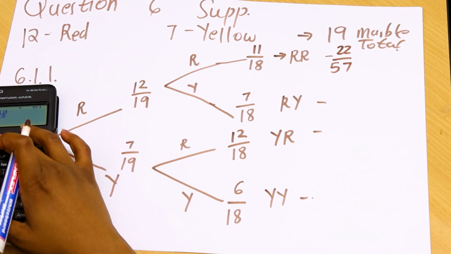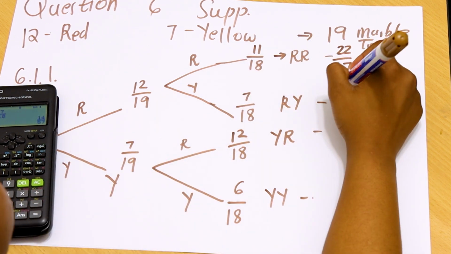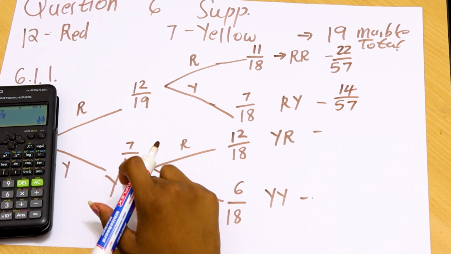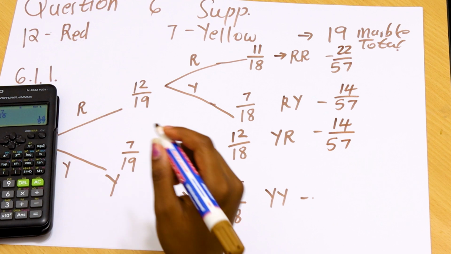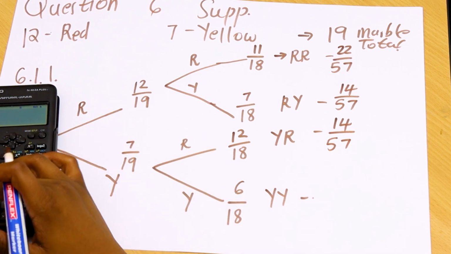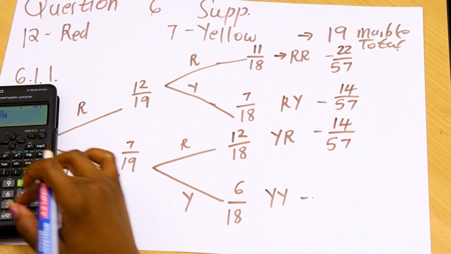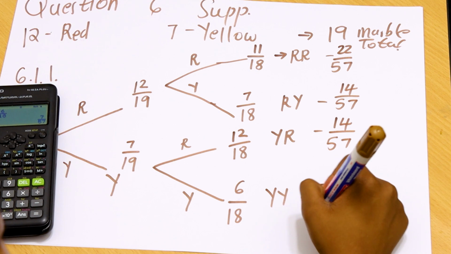And then the second one, 12 over 19 times 7 over 18 is 14 over 57. Okay, this one too, 7 over 19 times 12 over 18 would be 14 over 57. Then the last one, 7 over 19 times 6 over 18 would be 7 over 57.